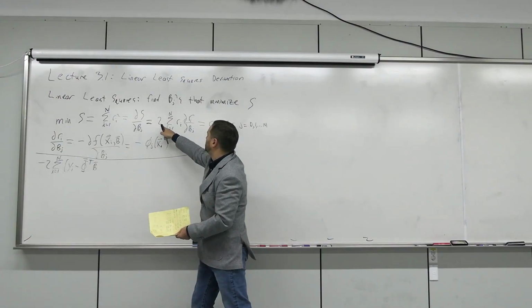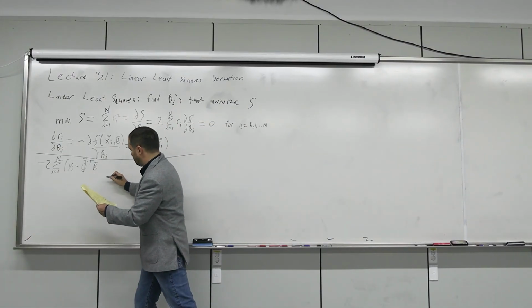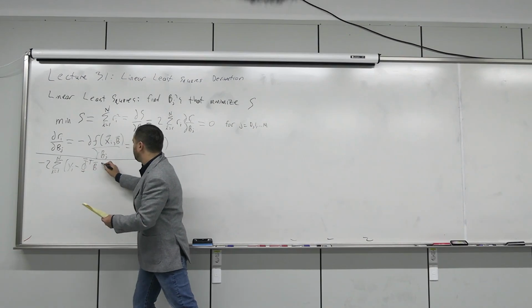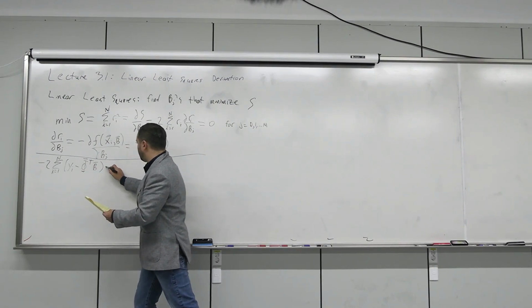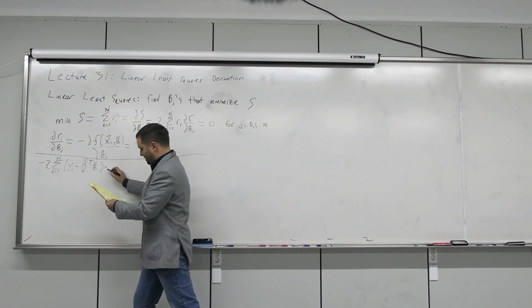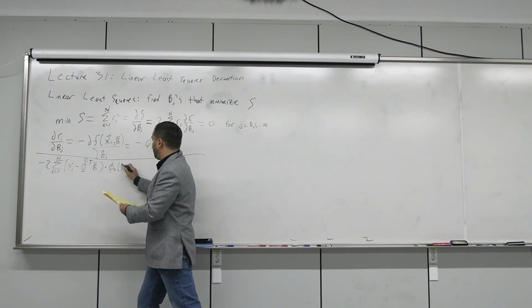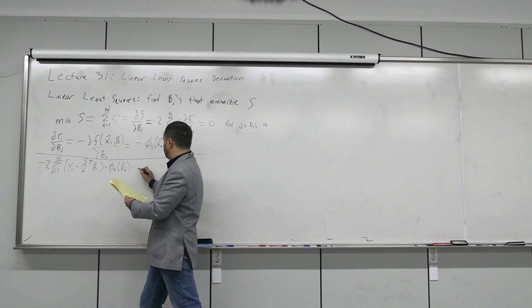So our partial derivative is 2 times the residual. This is the definition of the residual. Now times phi naught of x_i, and this equals 0.